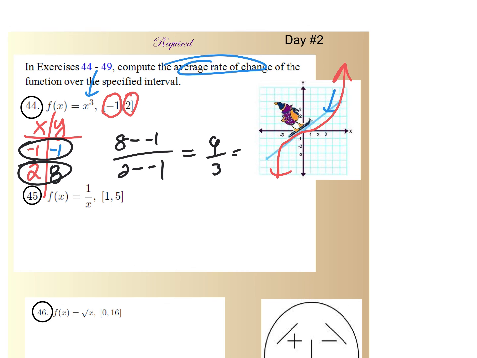And 9 divided by 3 is 3. That was the average rate of change over this interval from -1 to 2. That'd be like from here to, actually this graph would be more like that. And there's my slope of 3, and it makes total sense. This picture was not steep enough. I'll make my x to the third steeper like it really should be.